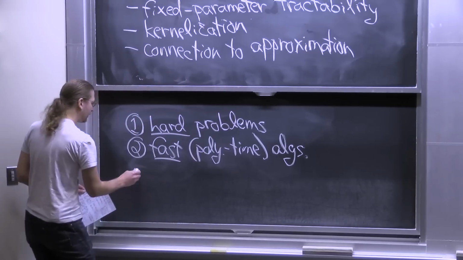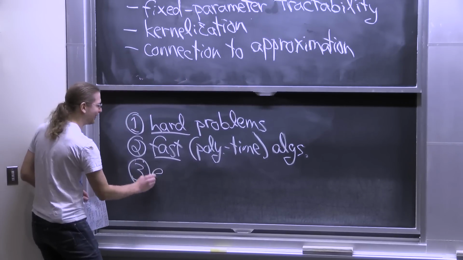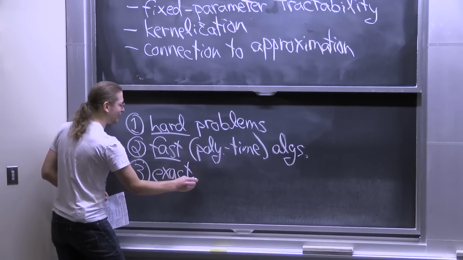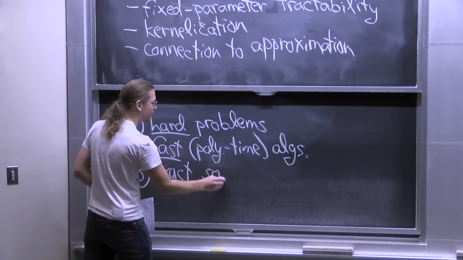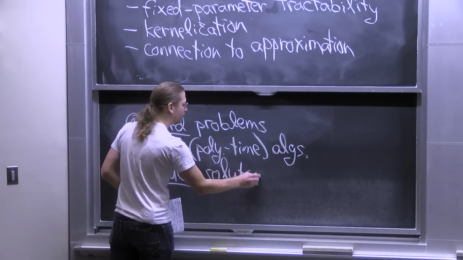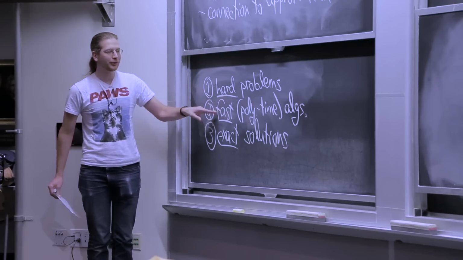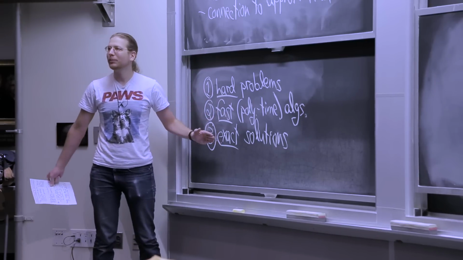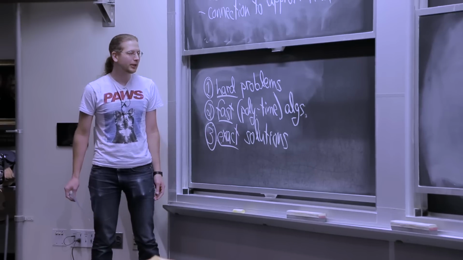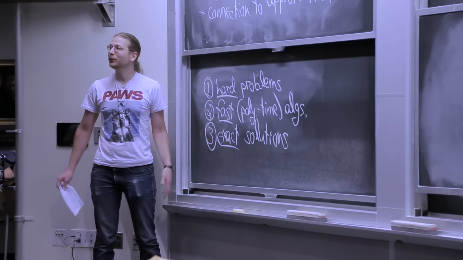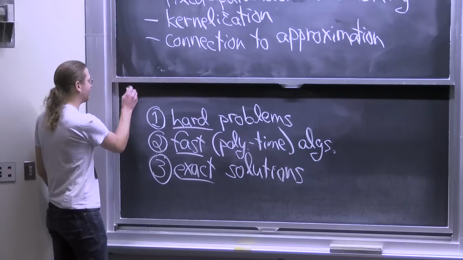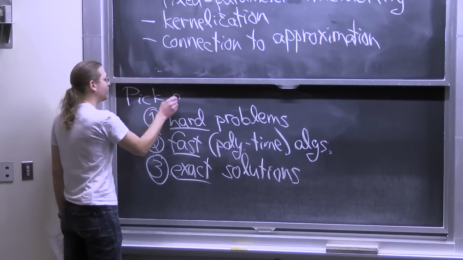And we would like correct solutions, also known as exact solutions. We'd love to solve NP-hard problems in polynomial time exactly, but that's not possible unless P equals NP. So pick any two. That's the general idea.